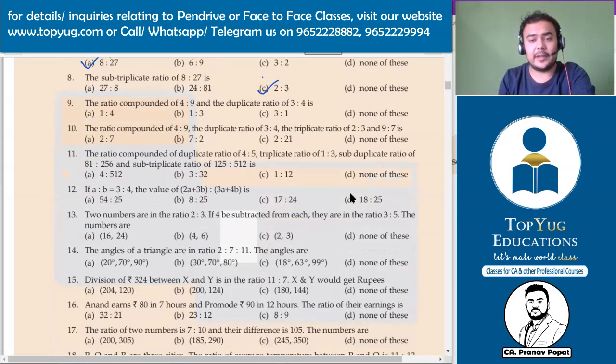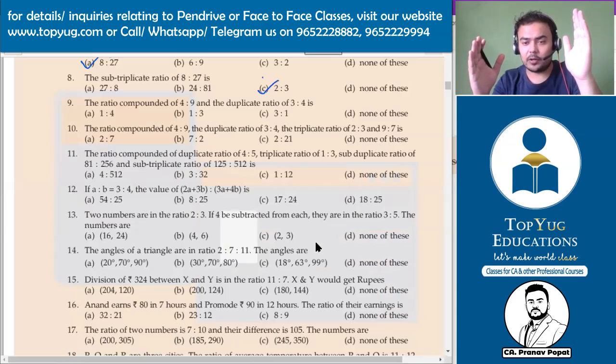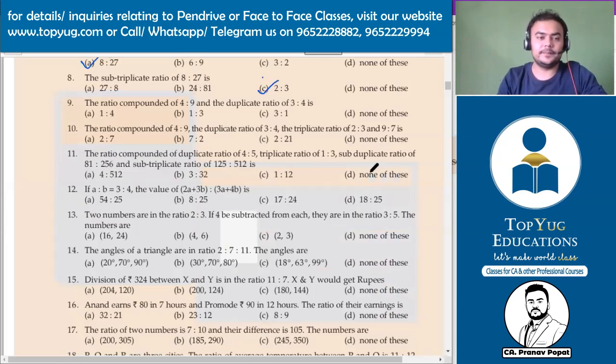Now, question number 9. The ratio compounded of 4:9 and duplicate ratio of 3/4. So one ratio is 4/9. Then calculate the duplicate of 3/4 and then multiply them.